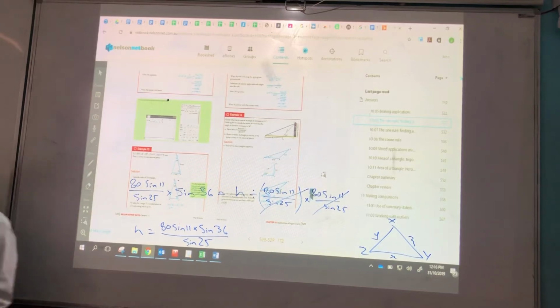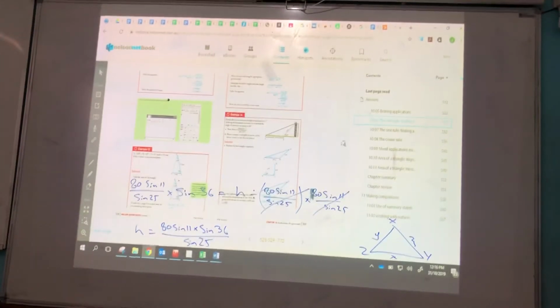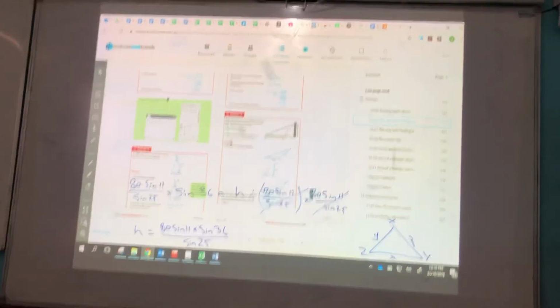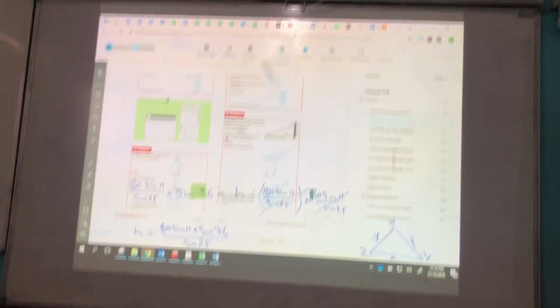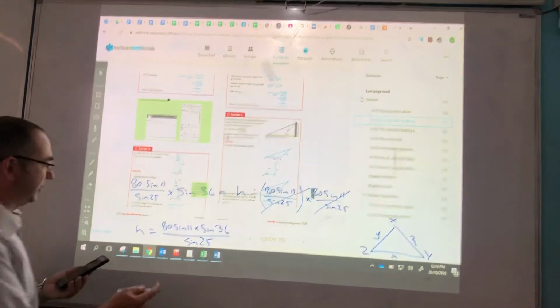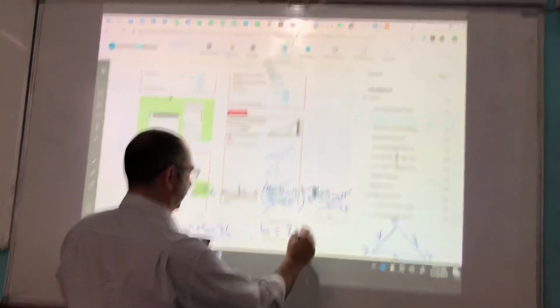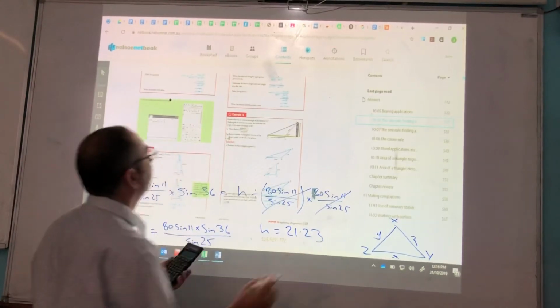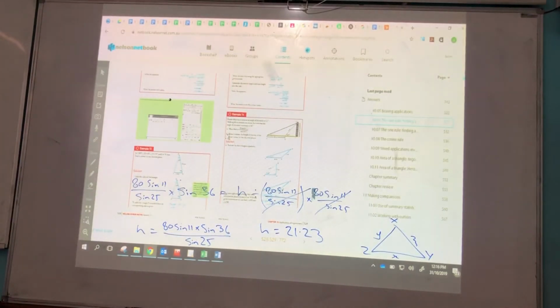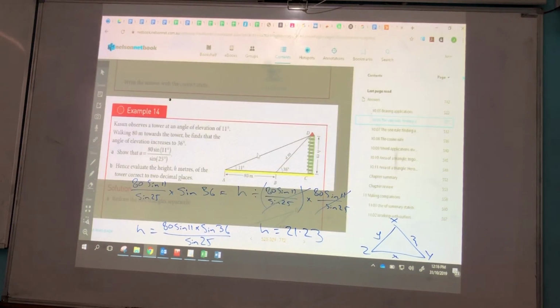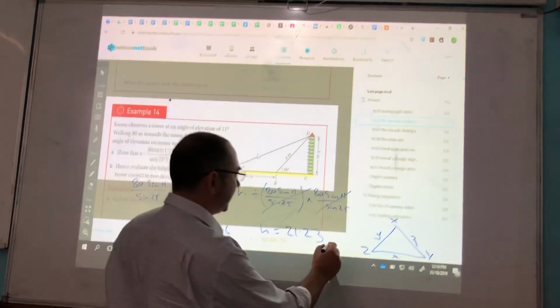I got 21.23. What does the magic answer say? Did I get it right? So h equals 21.23. Well, we've lost the question. Okay, to 2 decimal places, heights in metres.